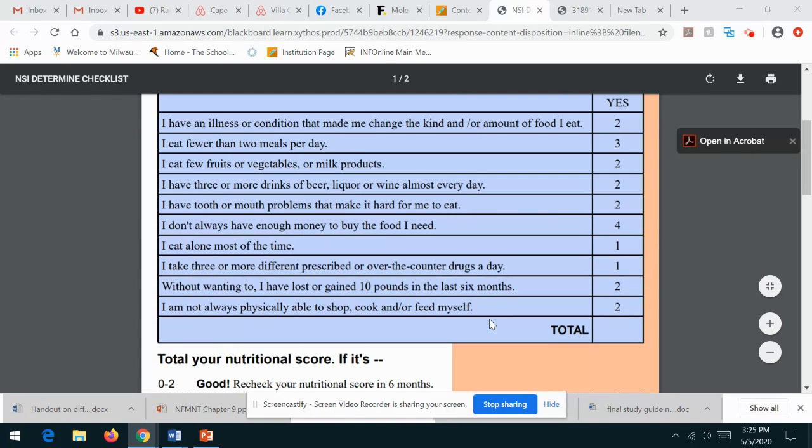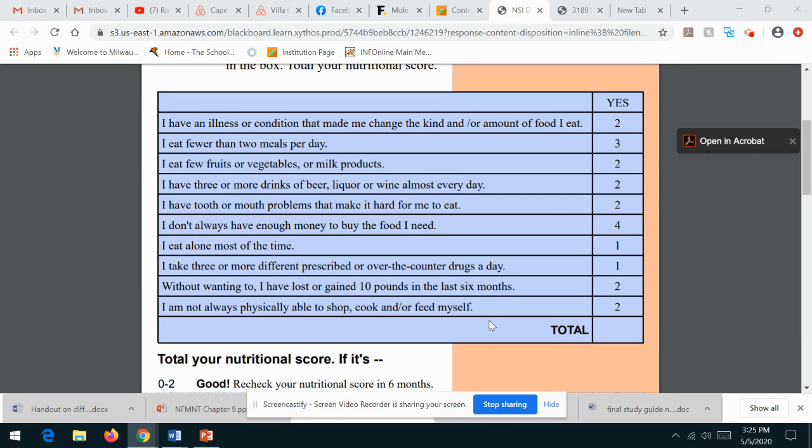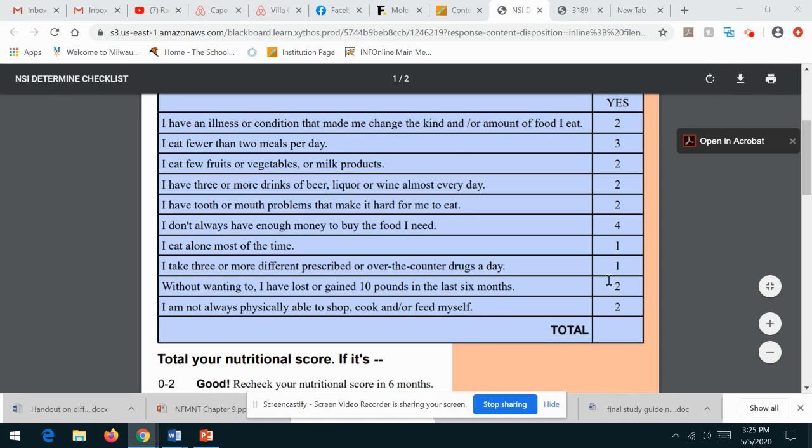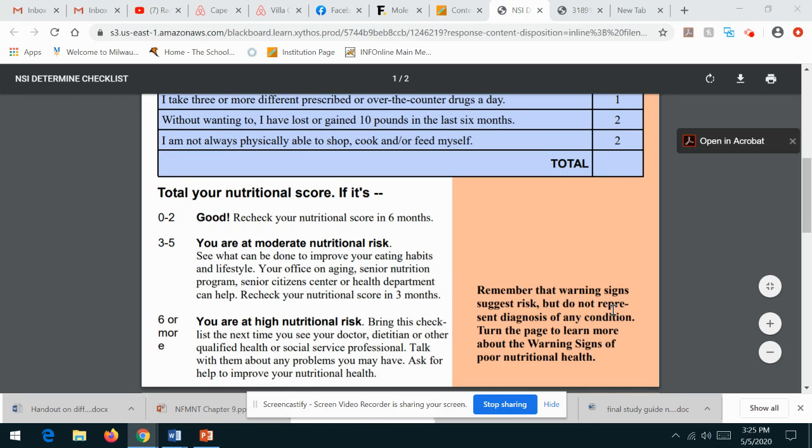Okay, so the Determine checklist is a really easy screening tool that we can do, like at an older adult health fair or at a long-term care facility. So we would ask them these questions, and basically, the higher their score is, the greater their nutritional risk.